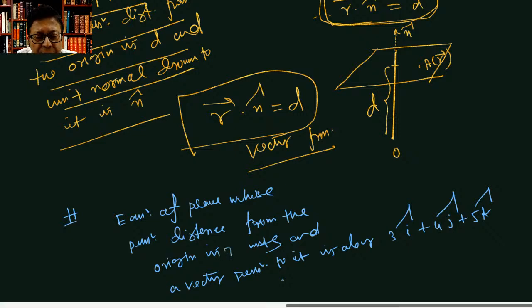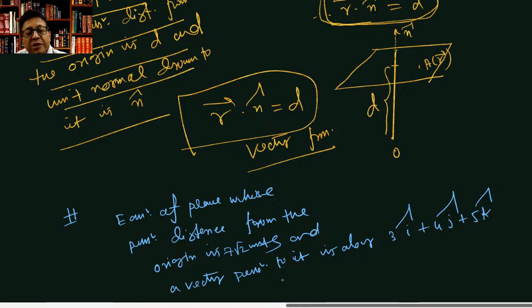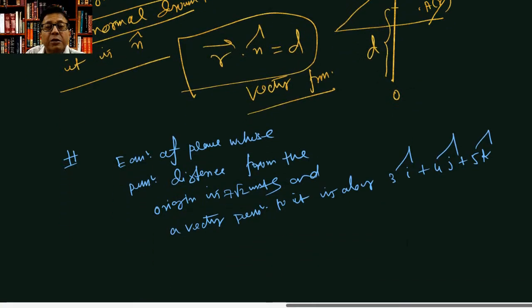Find the equation of the plane whose perpendicular distance from the origin is 7 units and a vector perpendicular to it is along this. We will be using this equation.